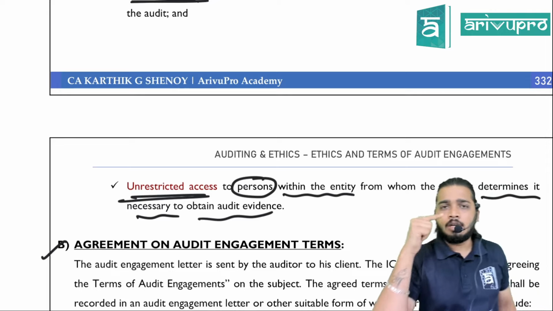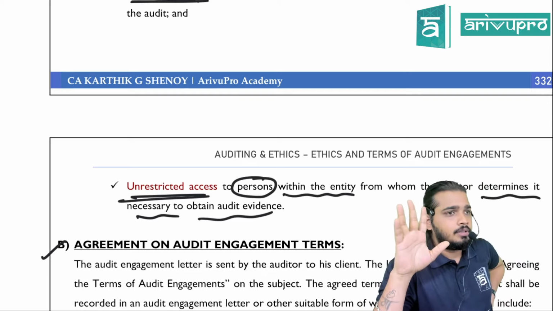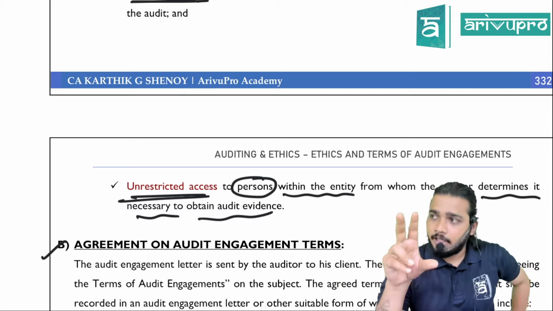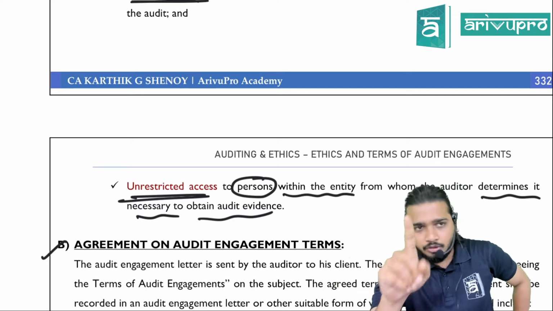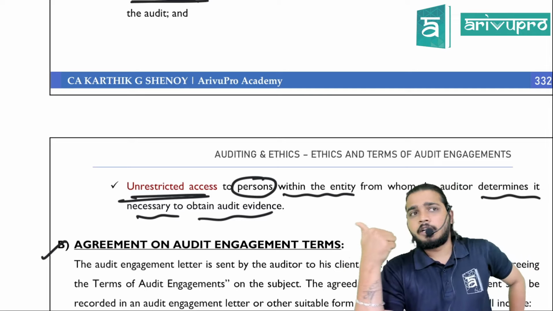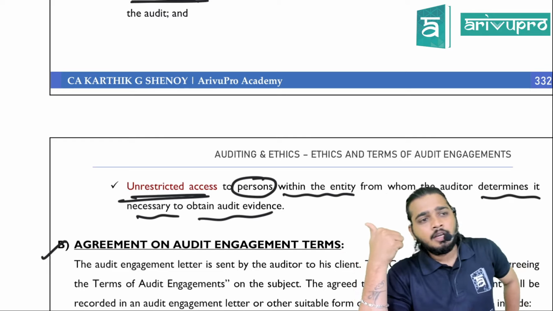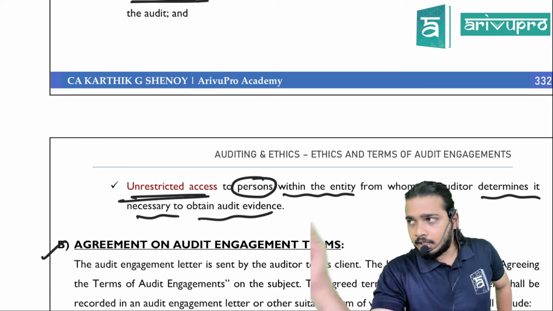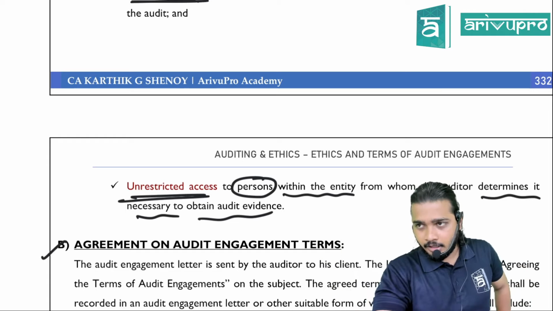I understand what you are trying to tell. Sir, imagine I am the debtor, you are the management. Or I am the auditor, you are the management. Now I take your authorization. You will assume that I will go and ask the debtor how much amount he owes. You will tell the debtor, if he comes and asks, just say 10 lakhs.